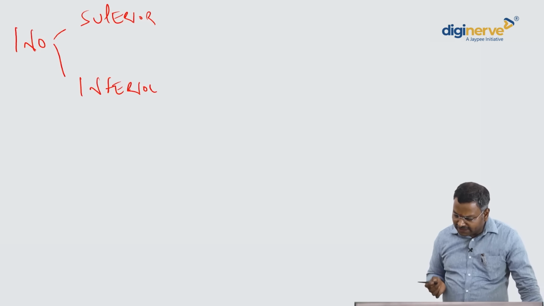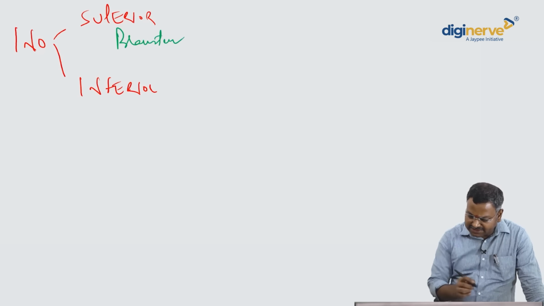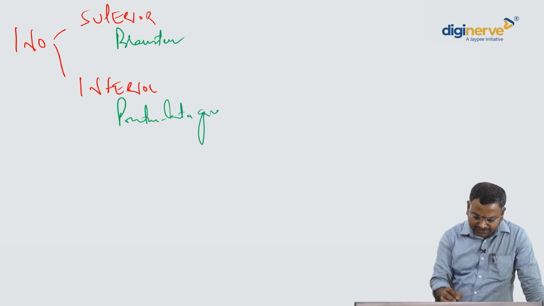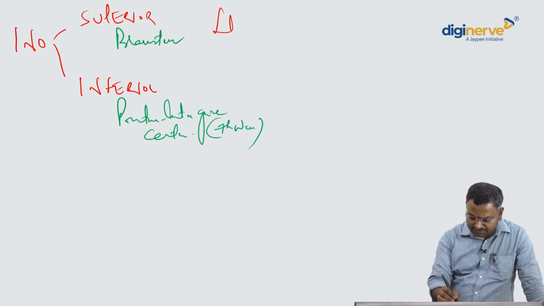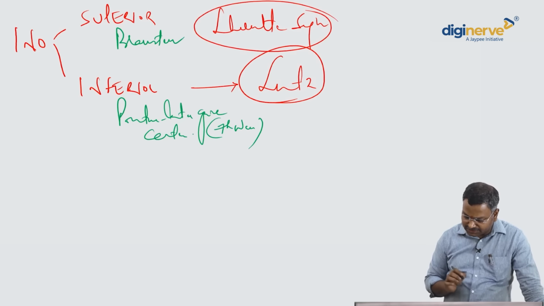The superior is usually seen in brainstem lesions, whereas the inferior lesions are usually present in the pontine lateral gaze center, usually affecting the 7th nerve nucleus. The superior one is called the Lermit syndrome, whereas the inferior INO is what we call the Lutz syndrome.